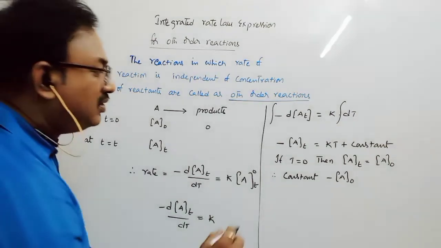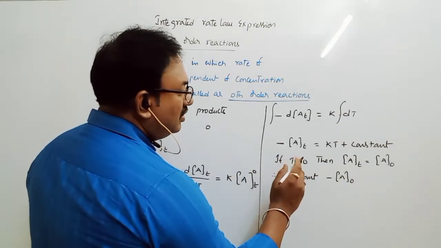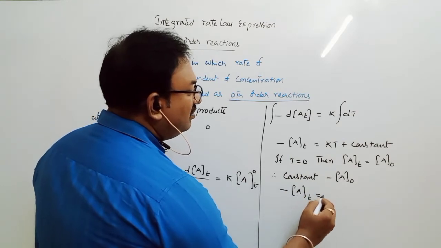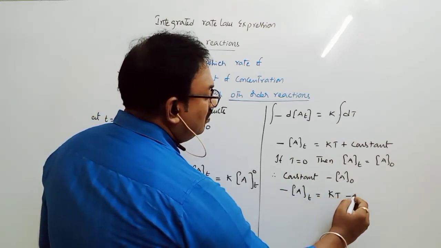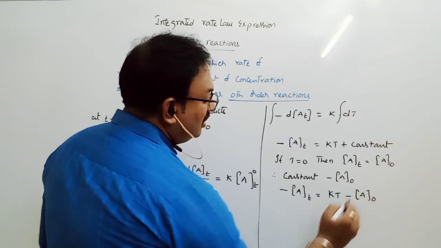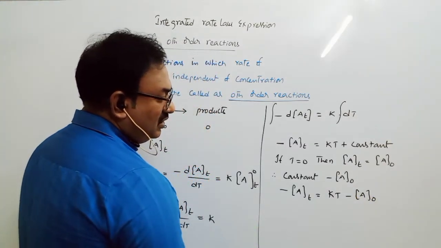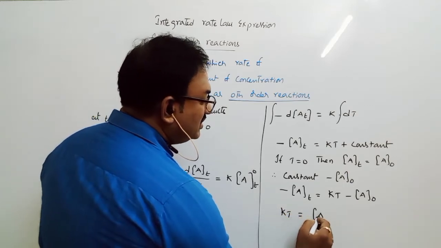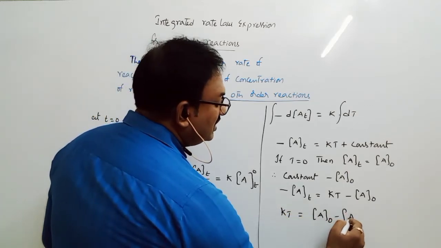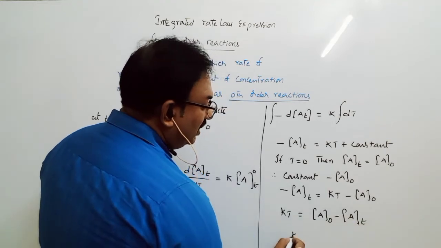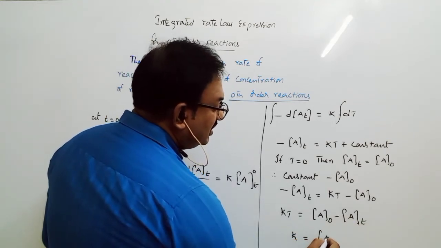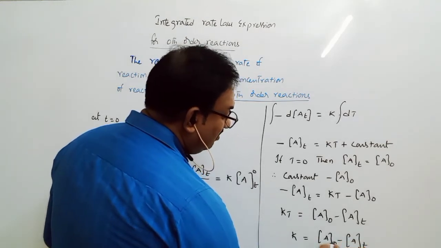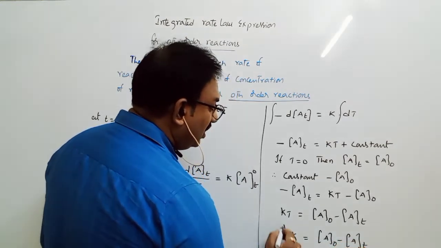Now, minus concentration of A at t time is equal to kt minus concentration of A naught. Then kt is equal to concentration of A naught minus concentration of A at t time. Then k is equal to initial concentration minus concentration after some time t, divided by the time period t.